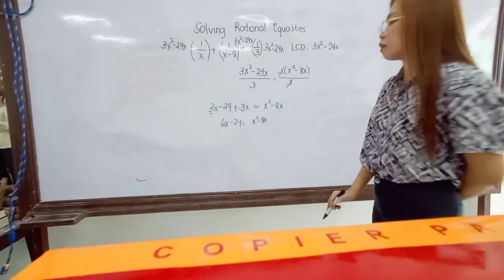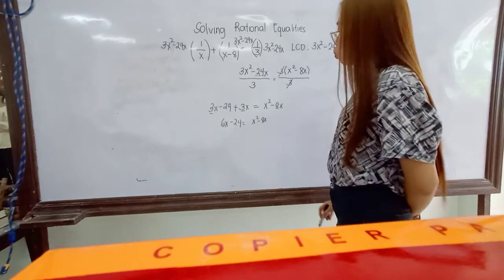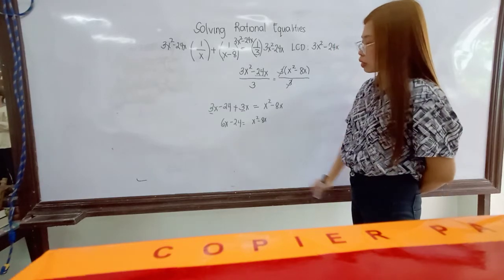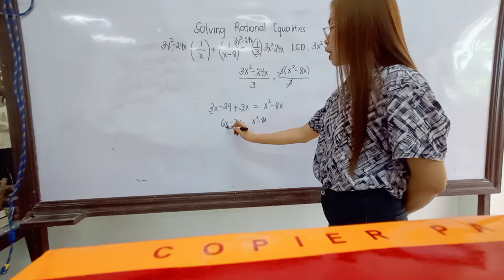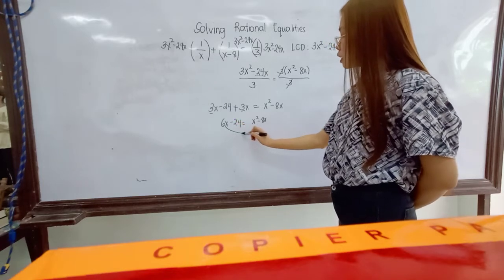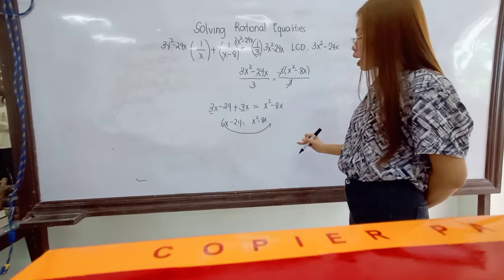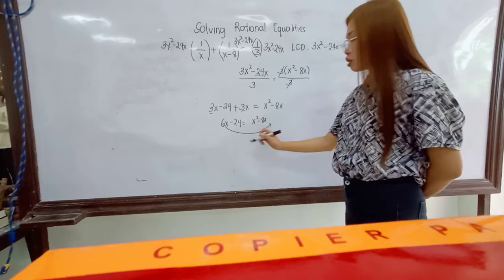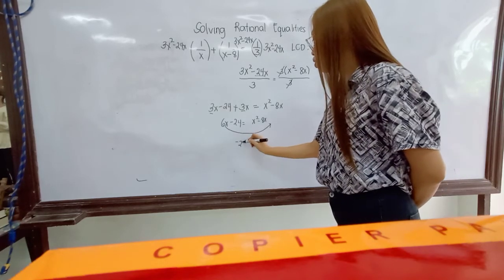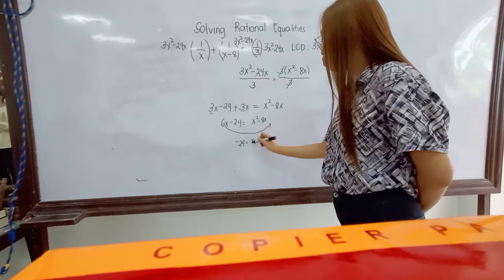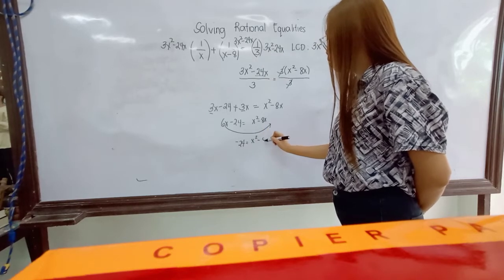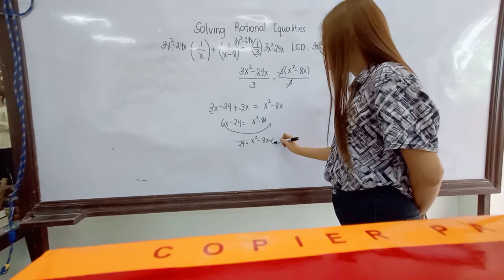Okay? Now, we're going to move or transpose this 6x to the right side of the equal sign. So it will be negative 24 is equal to x squared minus 8x minus 6x.